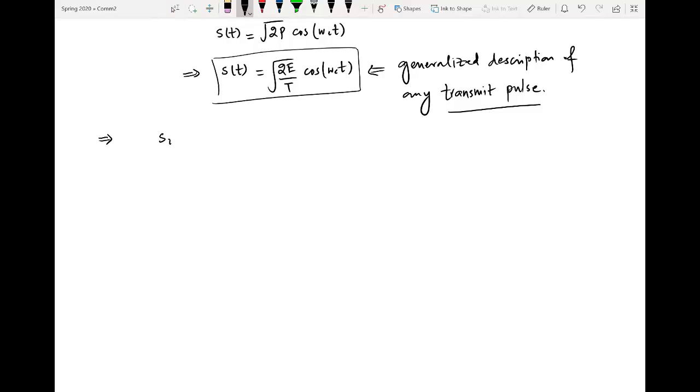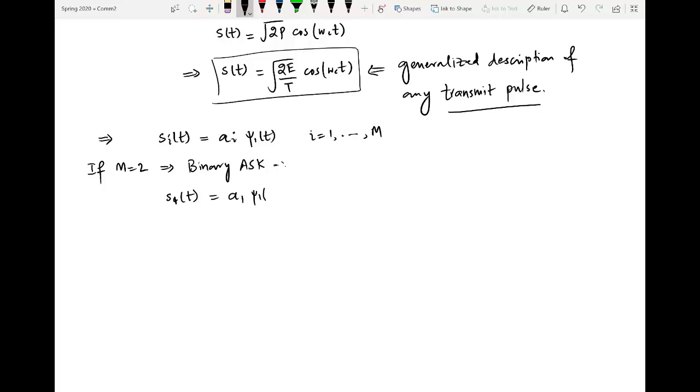Let me write it again here: Si of t is equal to ai into psi1 of t, where i is from 1 to capital M. If we set M equal to 2, this becomes binary ASK, which means that either we will have S1 of t, equal to A1 into psi1 of t, or the second pulse, S2 of t, equal to A2 into psi1 of t.